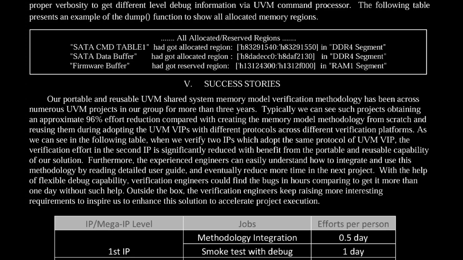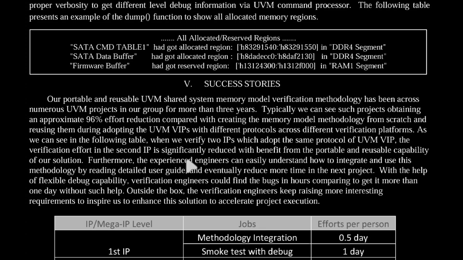and reusing it while adopting UVM VIPs and different protocols across different verification platforms, as we can see in the following table. When we verify two IPs that adopt the same protocol or UVM VIPs, the verification effort for the second IP is significantly reduced, benefiting from the portable and reusable capability of our solution.